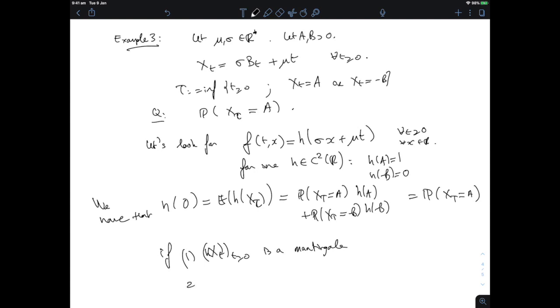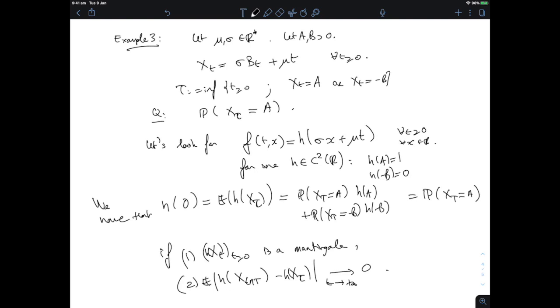And the second thing I need to prove is that h of X_{t minimum tau} tends to h of X_tau in L1. So let's put it this way: the expectation of the absolute difference between h of X_{t minimum tau} and h of X_tau tends to 0 as t goes to infinity. I'll get that from a dominated convergence argument.